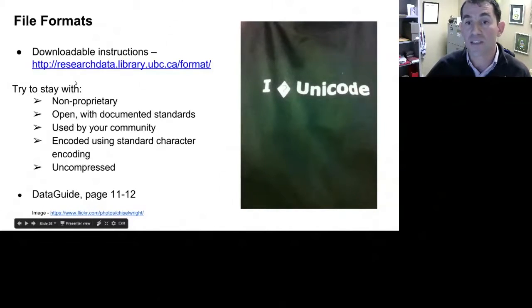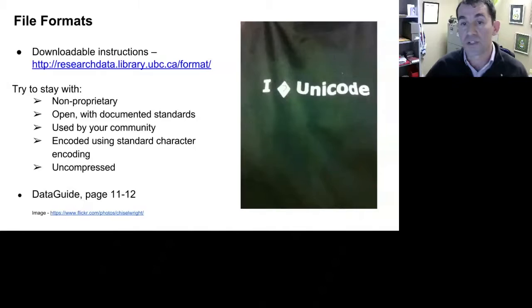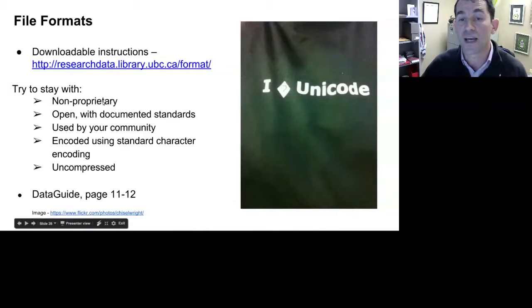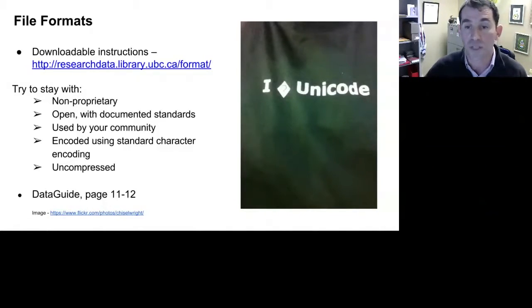If you think your data is going to be important for your colleagues, or for yourself, in the next generation or even 10 years, try to keep it in a non-proprietary format if you can. Of course, if you have a CT scan from a specific machine, it's harder to do, but you can still convert it to DICOM. If you have an Excel spreadsheet and you want to keep it for a long time, convert it to CSV.